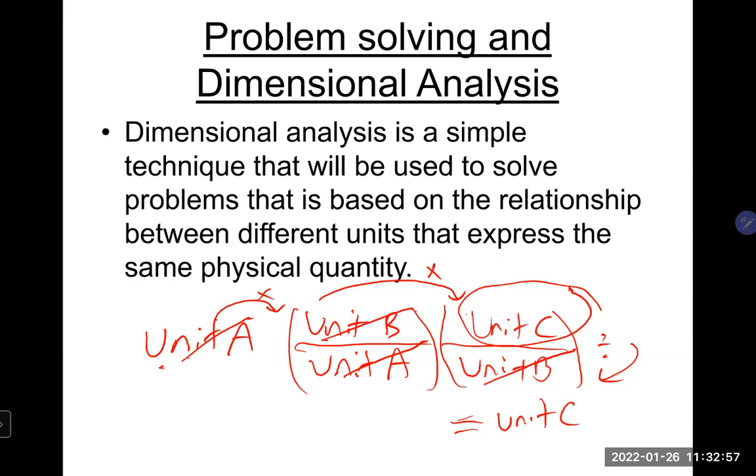It should not just be numbers piled on top of each other, not numbers with units, where sometimes people will just write all the numbers in one direction and are not sure what they should be dividing or multiplying. If you set it up like this, you should clearly be able to see what units are canceling, what units still stay, what you're multiplying, and what you need to divide. You will hopefully not mess up by dividing when you should be multiplying and things like that.